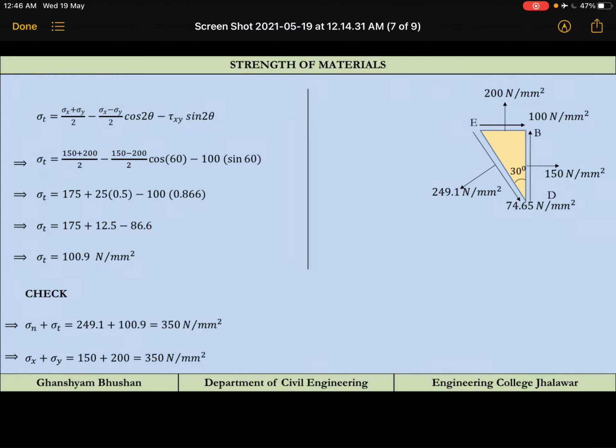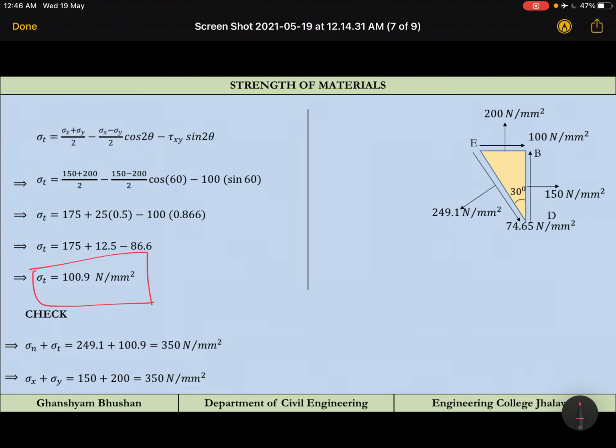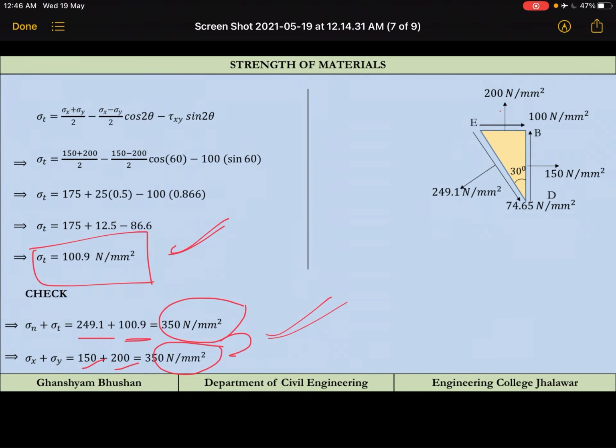After putting all the values, we are getting this as 100.9 megapascal or Newton per mm square. So sigma n plus sigma t is coming out to be 249.1 plus 100.9. So this is 350, and sigma x plus sigma y is 150 plus 200, so this 350 is also okay. Whatever we have calculated is satisfying whatever we have derived.